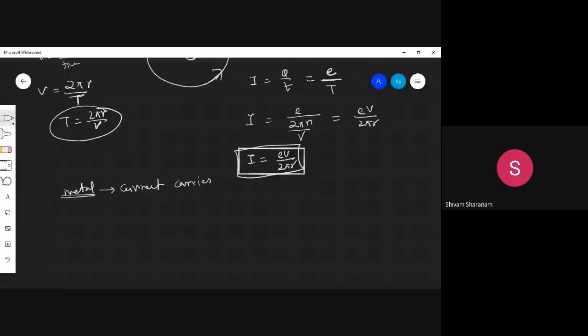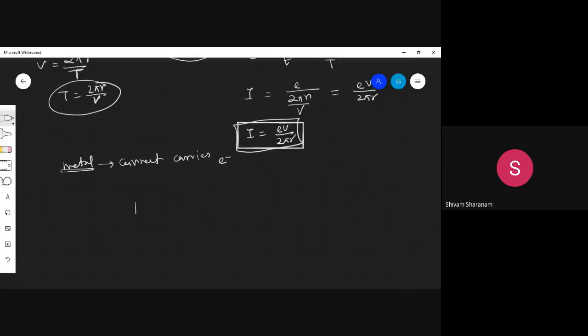Free electrons, right? Free electrons. Okay. And generally, suppose we have a conductor, and in that conductor we connect a battery and close the switch. In which direction will the current flow? Suppose the switch is closed. Will the current flow clockwise or anti-clockwise?